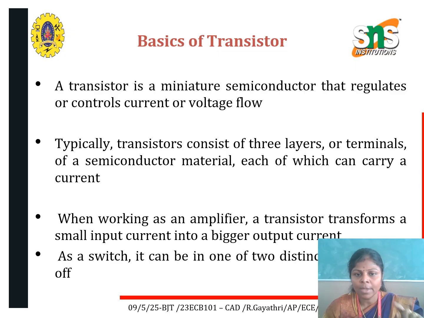The diode acts only as a switch, whereas the transistor acts as a switch as well as an amplifier. Amplifier in the sense that when we give a small current at one terminal, the output will be somewhat higher compared to the other terminal, and for on-off purposes the transistor acts as a switch.